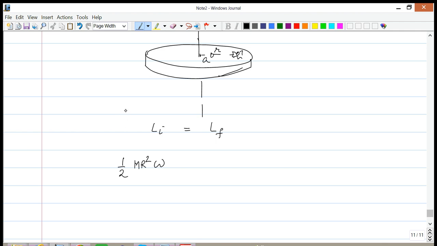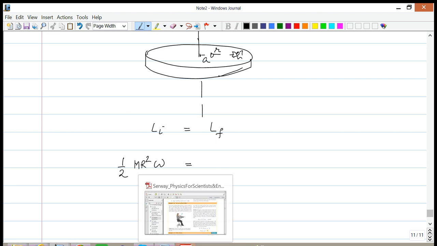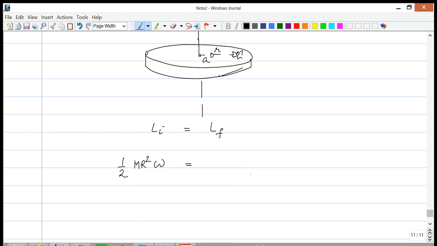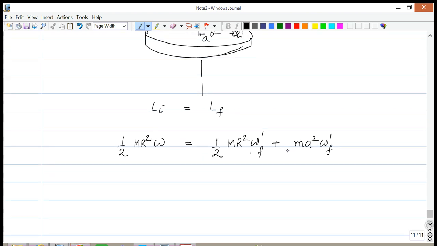Then the final angular momentum is going to be the angular momentum of the combined system at the new location, which will end up being 1/2 times m r squared times omega f prime. I'm just going to distinguish between this one and the other omega. Plus once again for the spider we're going to have m a squared times omega f prime.